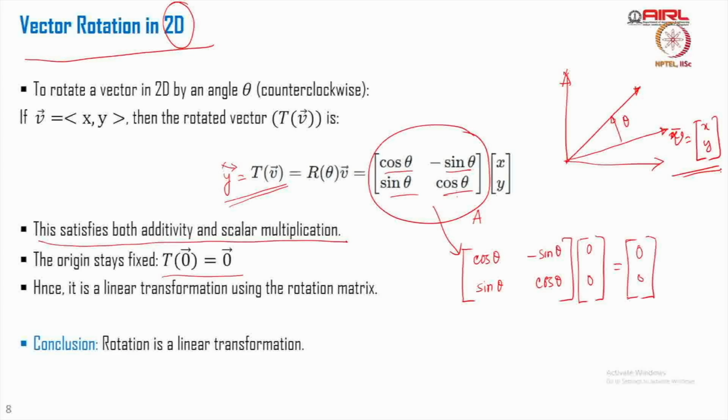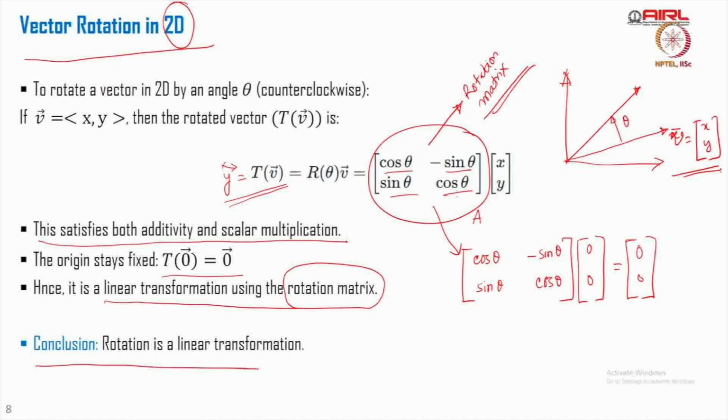So the origin stays fixed. Hence we can say that the linear transformation is being performed by using a rotation matrix. So this matrix A is called a rotation matrix, which helps in rotating the original vector. So we can conclude that rotation is a linear transformation.